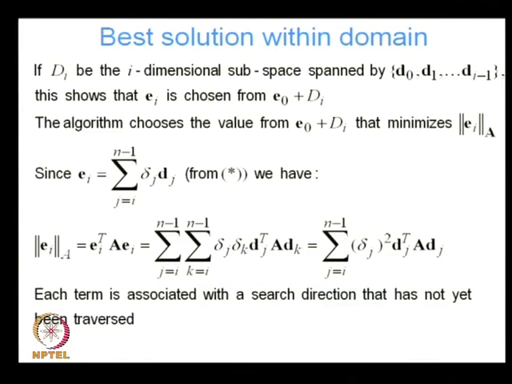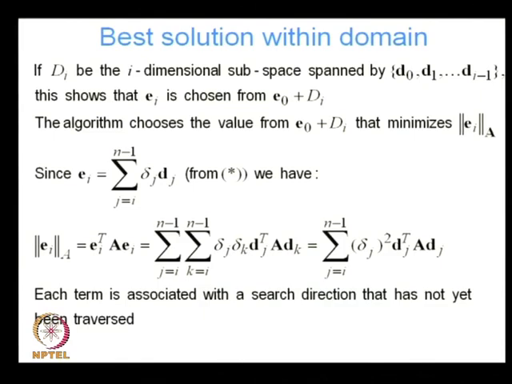So, I am looking at step i now. I have already travelled in the directions 0, 1, 2 up to i minus 1, and I am denoting that subspace, and I know that all these vectors form a basis, right. So, the subspace that is spanned by these basis vectors, I am going to denote by D_i.